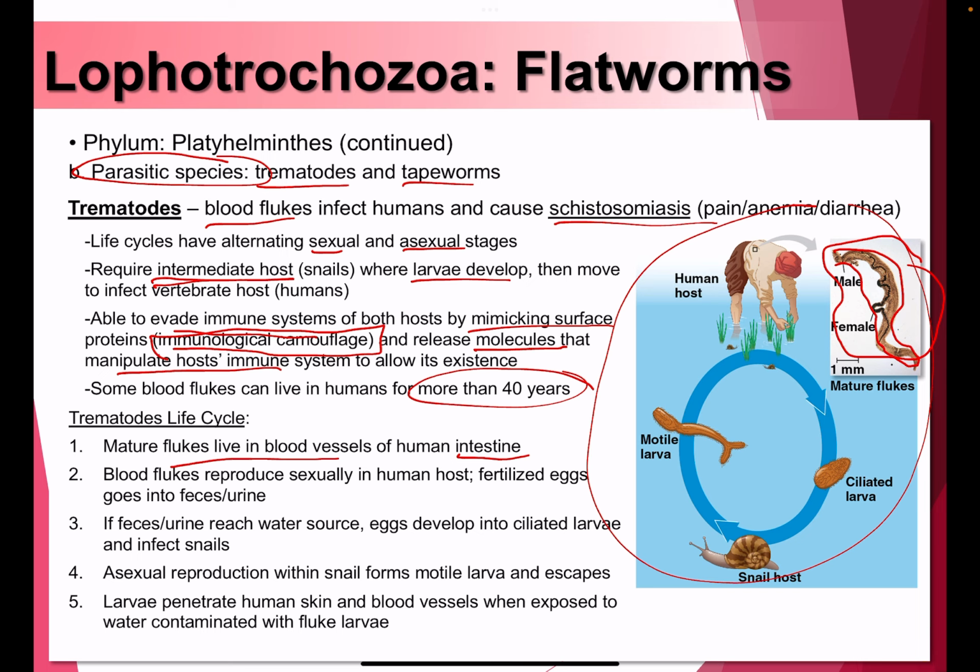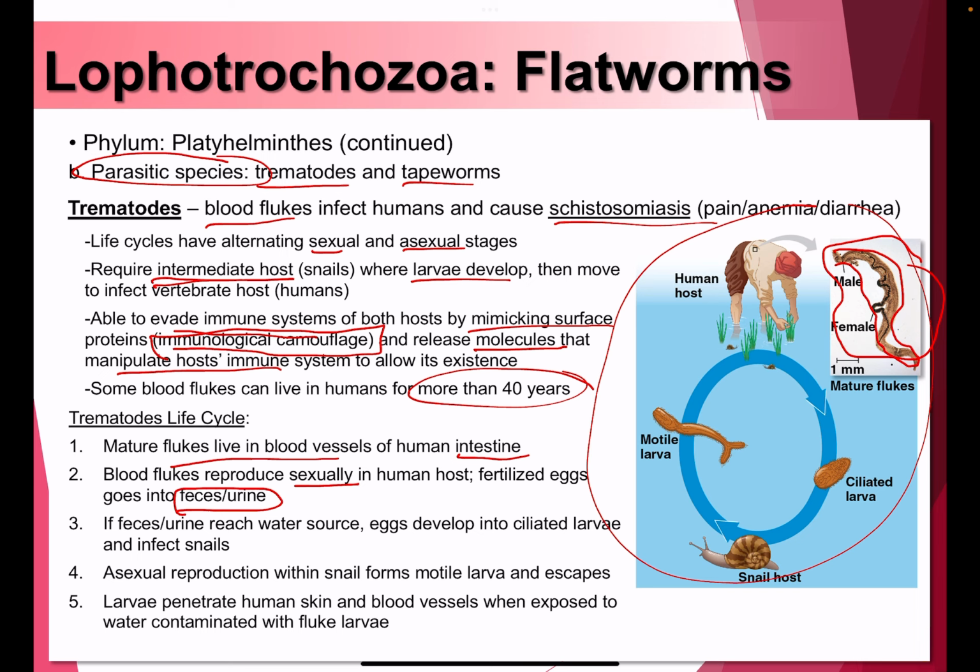Now, blood flukes can reproduce sexually in human hosts, and they will fertilize. Their fertilized eggs will then go into your feces and urine. Sometimes, no, we're not talking about our civilized world here, where we usually go to the toilet for eliminating our feces and urine.